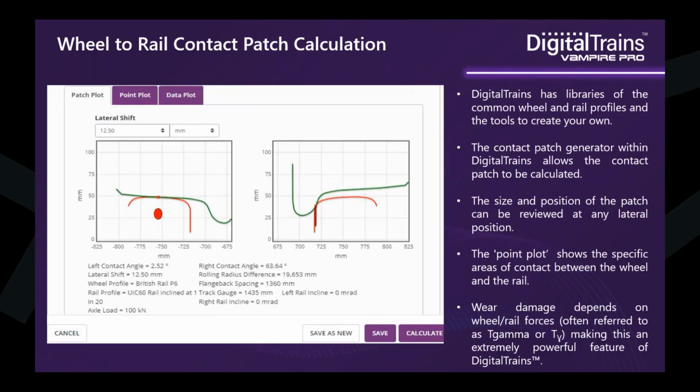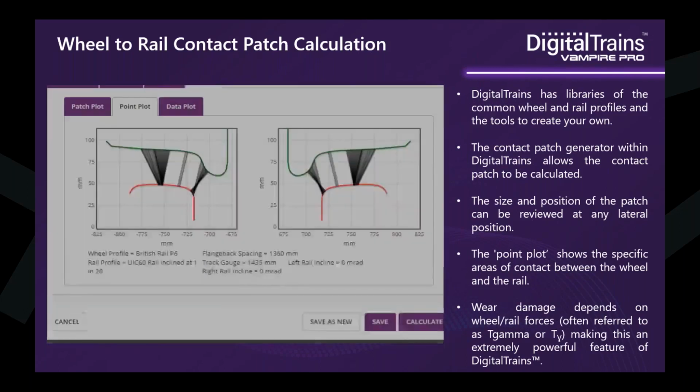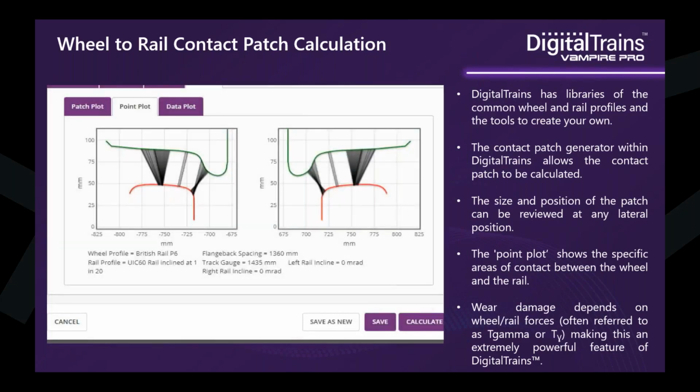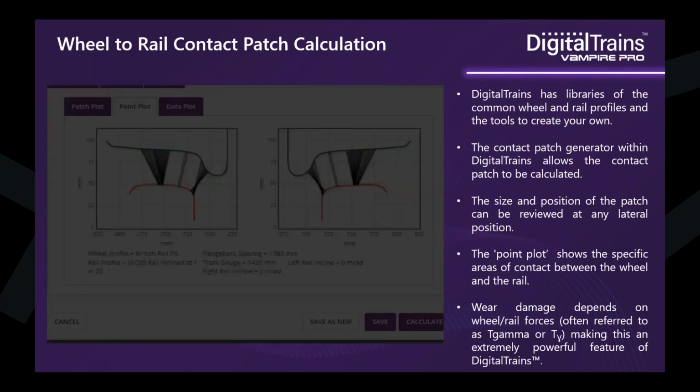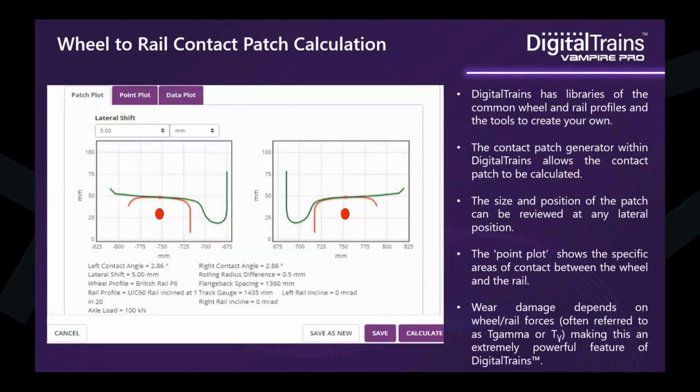The contact patch generator allows the contact patch to be calculated, and the size and position can be reviewed at any lateral position. The point plot shows specific areas of the contact between the wheel and the rail. The wheel-to-rail forces dictate the level of wear damage that can occur in real life, making this an extremely powerful feature within DigitalTrains.